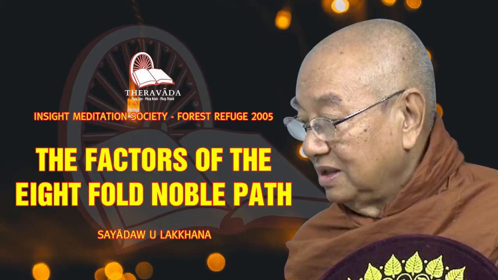So these 4 satipatthanas are the objects of awareness, the objects of meditation, and what is cultivated in the meditation is the factors of the Eightfold Noble Path. So we need to understand this.